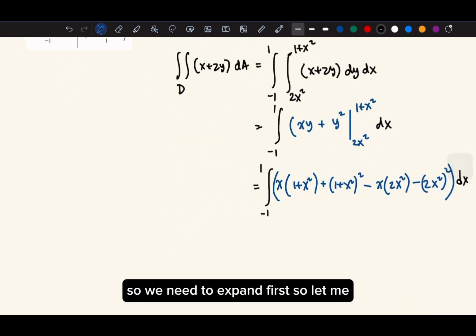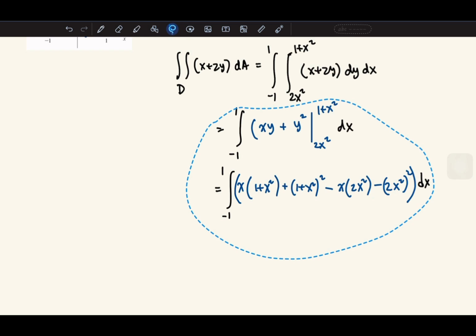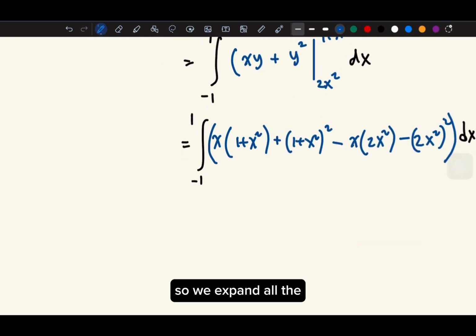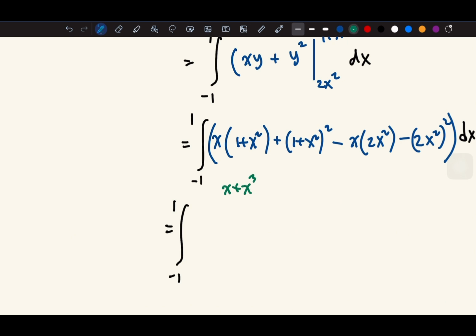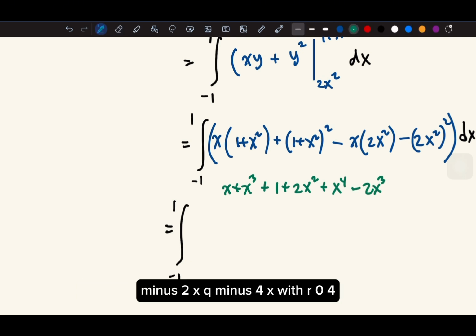So we need to expand first. Let me write here: x plus x cubed plus 1 plus 2x squared plus x to the power of 4, minus 2x cubed minus 4x to the power of 4.